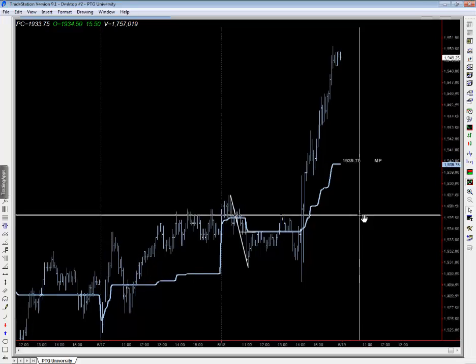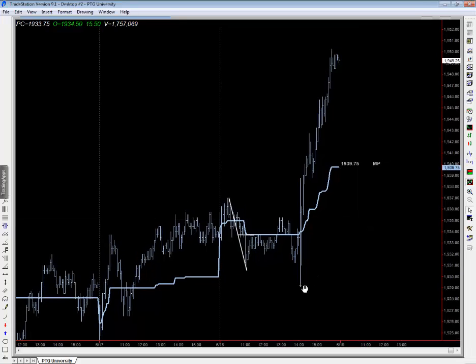You can see today, fairly wide session here. The initial midpoint here was down around the 1933s for the better part of the day. Of course, the Fed announcement came out, and price rocketed quite a bit higher.